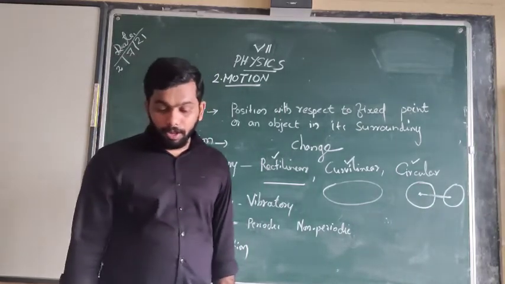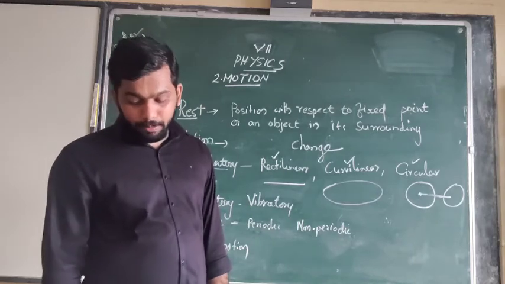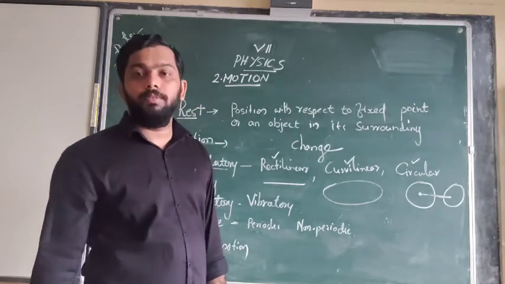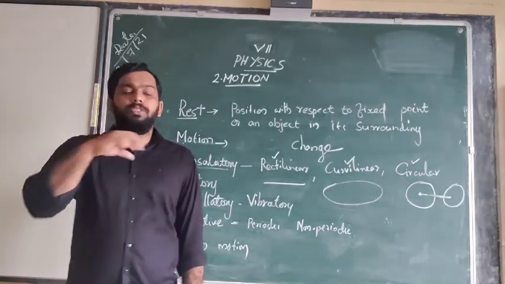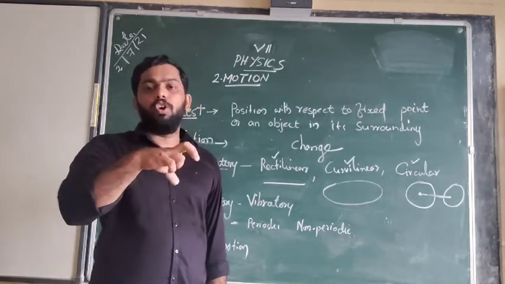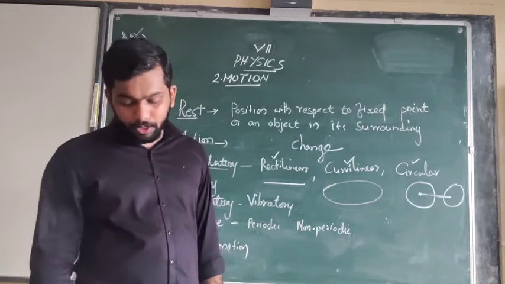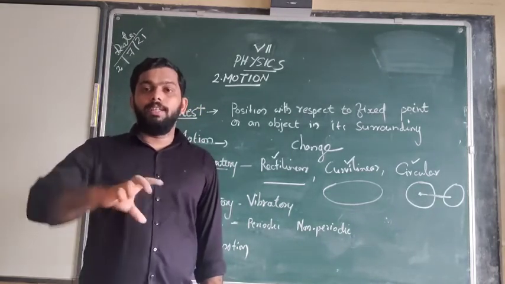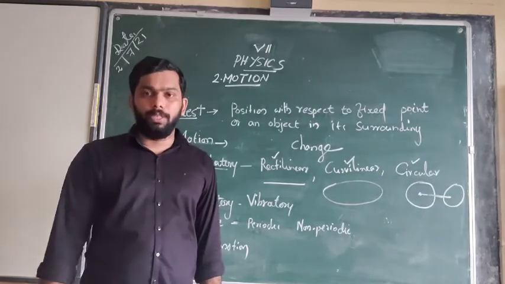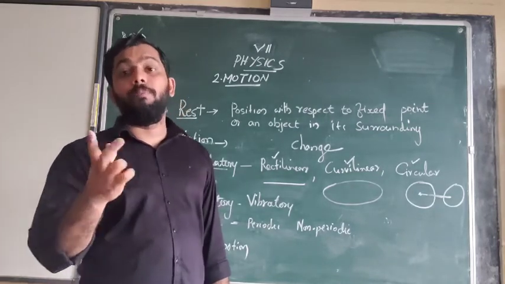Then the next one is the random motion. What is random motion? That means the object is moving with no specific path. There is no specific velocity or frequency or specific speed. It depends upon that particular object. For example, the motion of a butterfly.